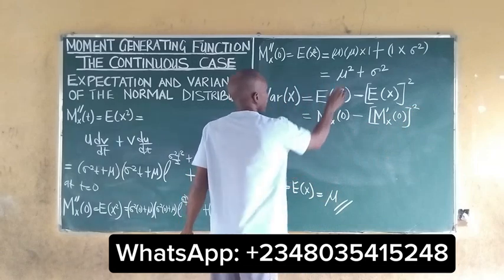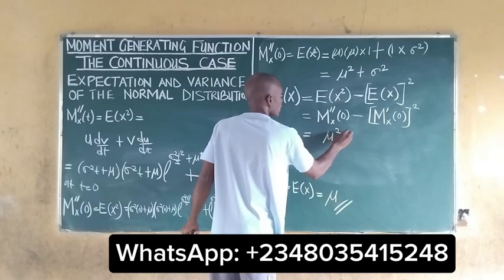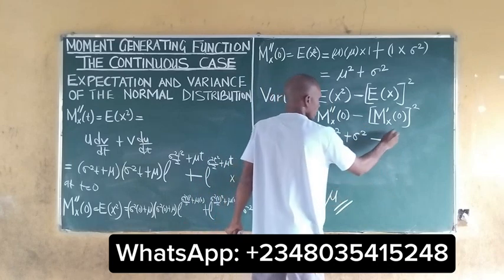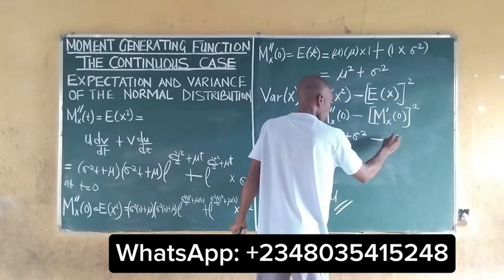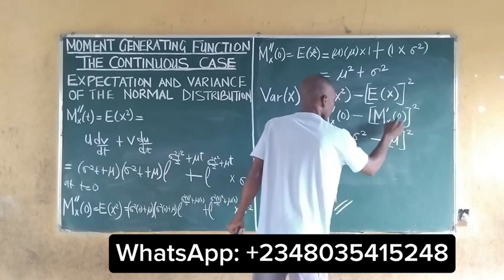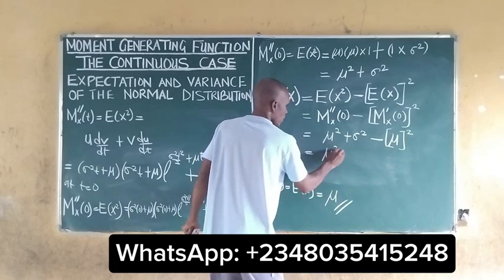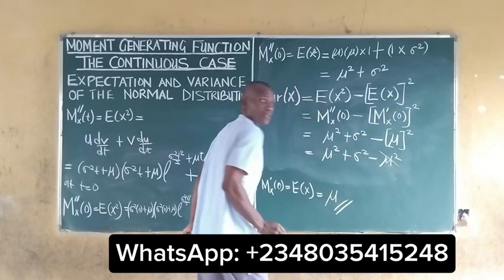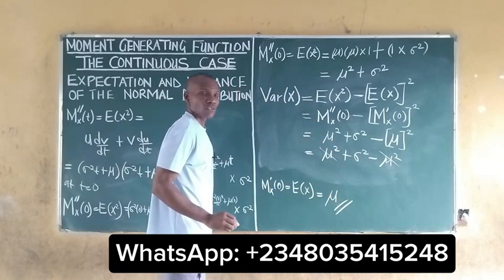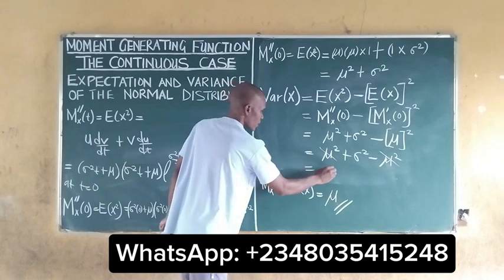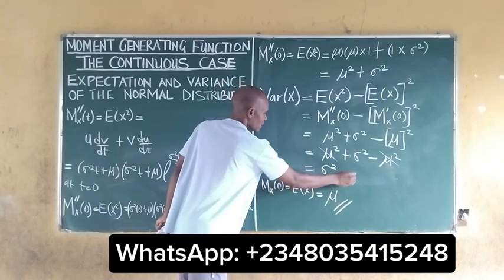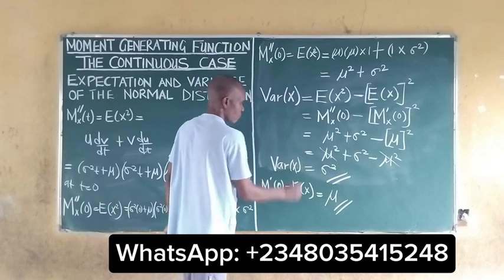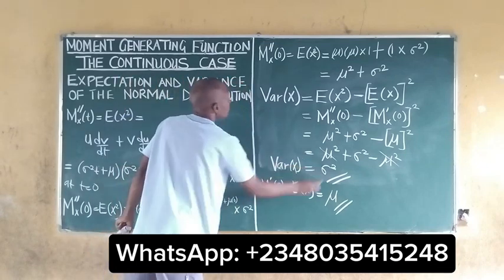And we have this as our mu squared plus sigma squared, minus mu all squared. So we have mu squared plus sigma squared minus mu squared. Of course, this will cancel this. So what we now have here is our sigma squared, and this becomes our variance.